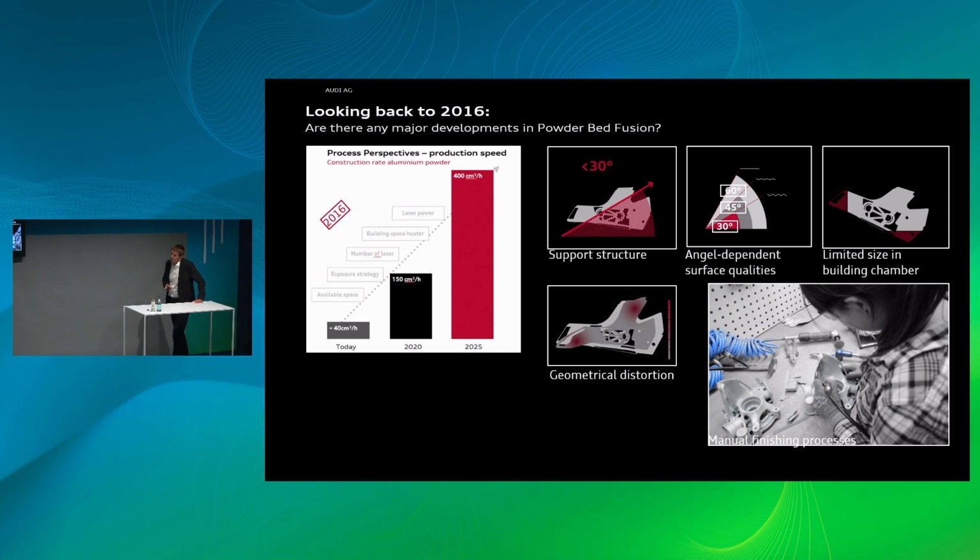For parts in front of the customer, for instance interior parts, the surfaces are too bad. We made some tests there over years, and we failed, we have to say this. Also, if a manual finishing process is needed, such as removal of the support structure, it takes time. And it is not only time, it is capacity and cost related. That's why we are not in serial production with AM manufactured parts.